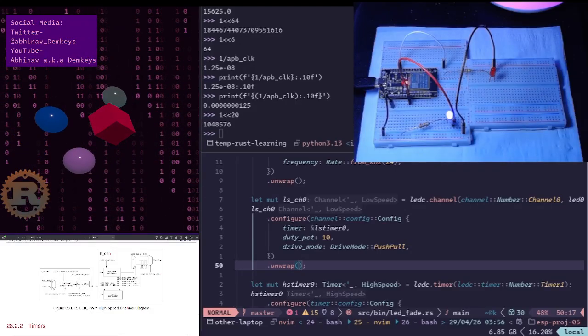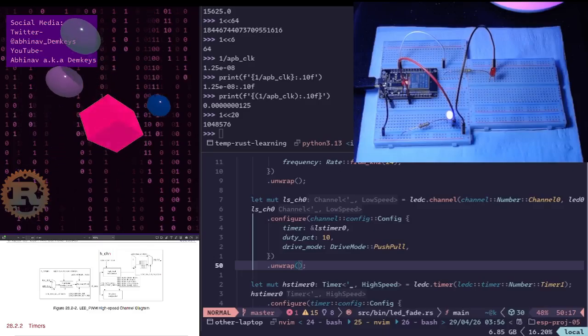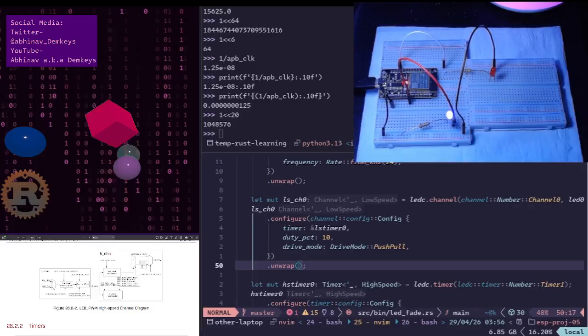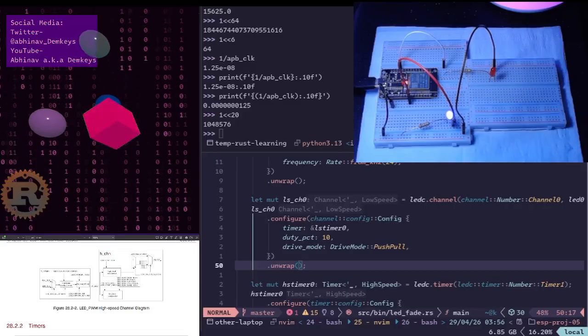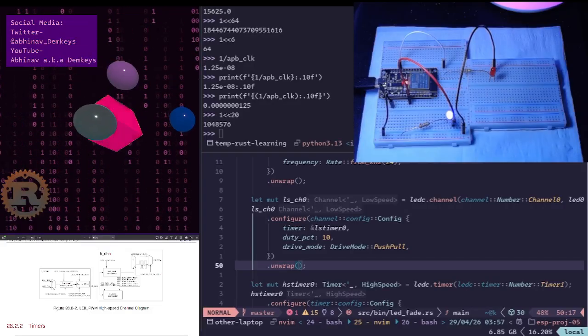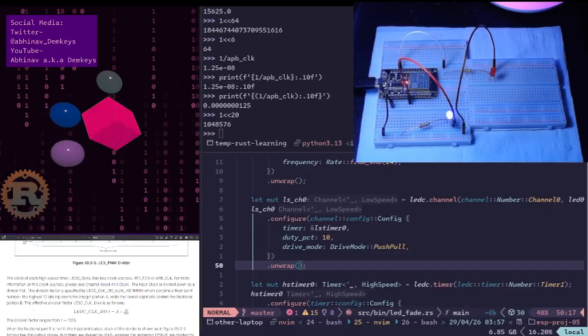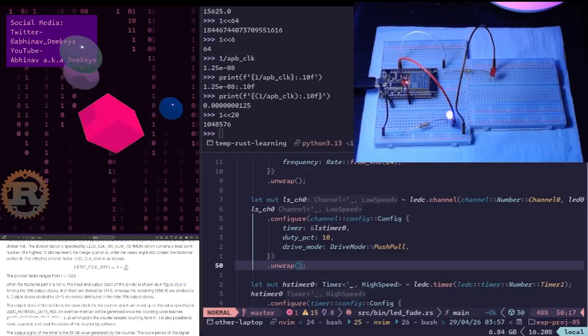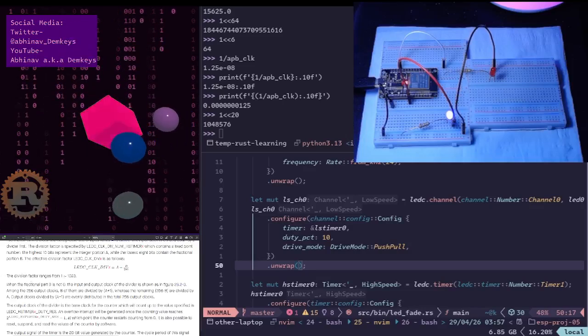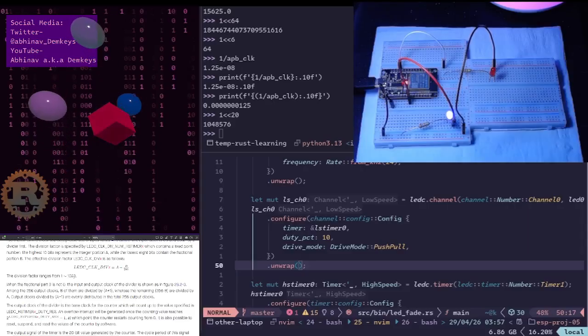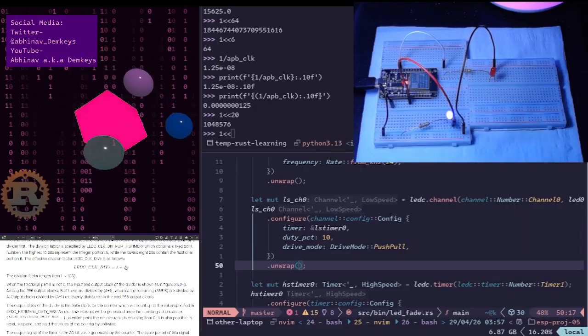However, 10 bits is all we get out of those 18 bits, because within the fractional divider register, 10 bits is all we get. So that's also why it mentions here, somewhere here, the division factor ranges from 1 to 1023. So if we do 1 and do this, there we go, 1024.